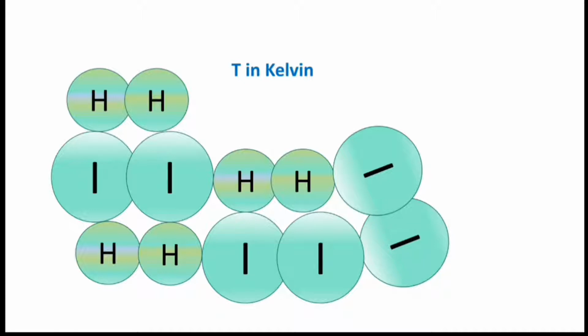If you've got a temperature in degrees Celsius that you want to convert into Kelvin, what do you do? Well, the temperature in Kelvin is simply equal to the temperature in degrees Celsius plus 273. So to convert into Kelvin from degrees Celsius, just take the value that you have in degrees Celsius, add 273.